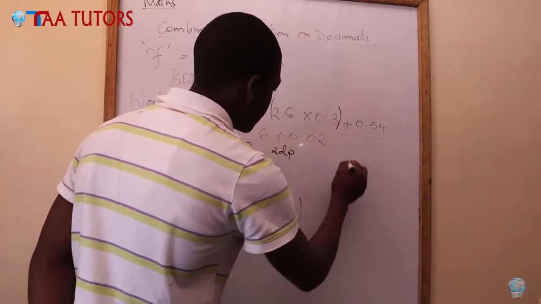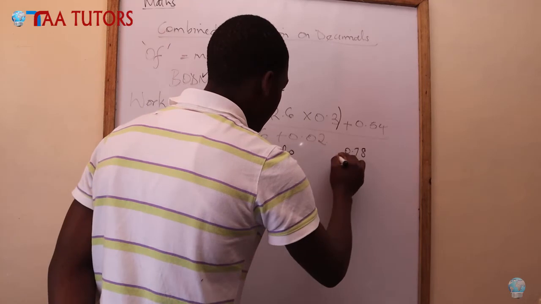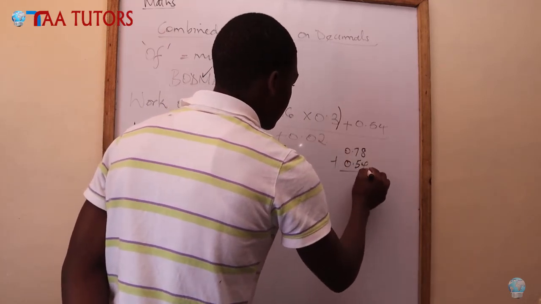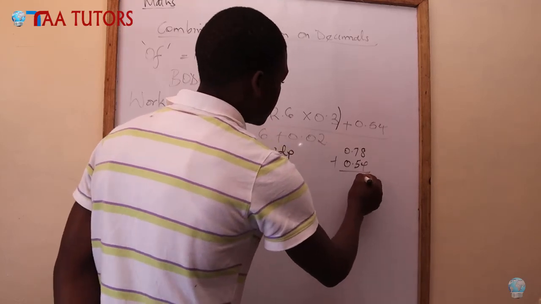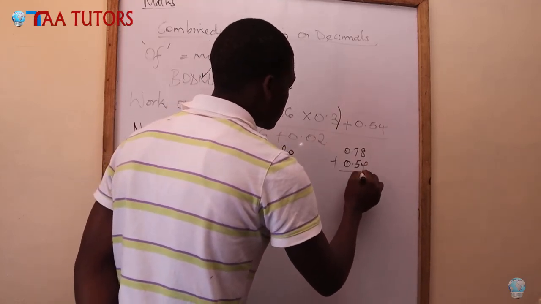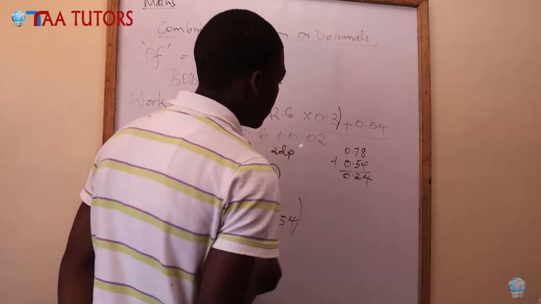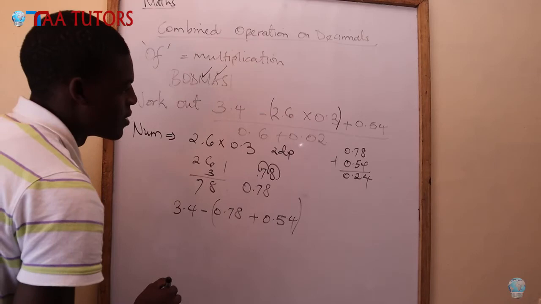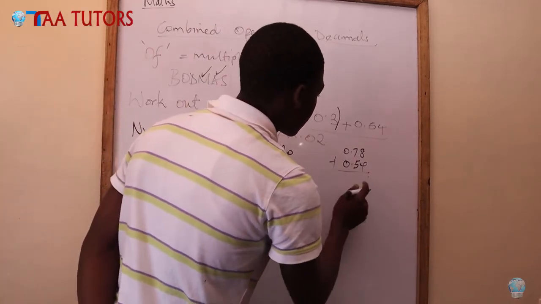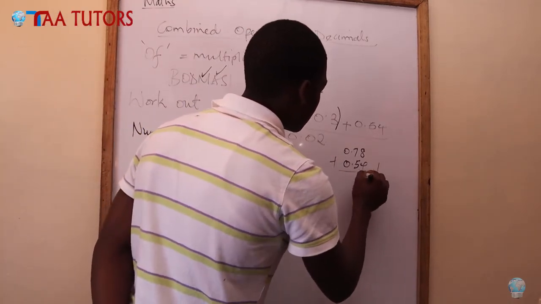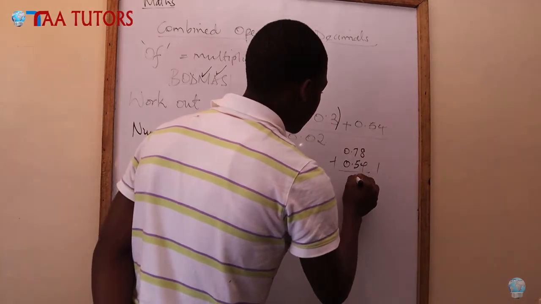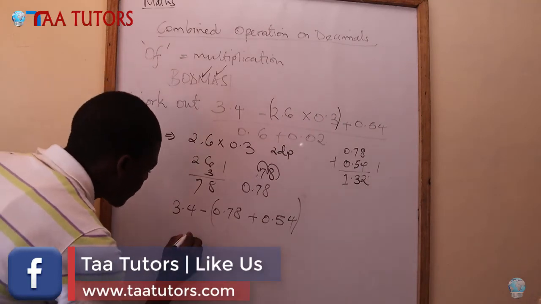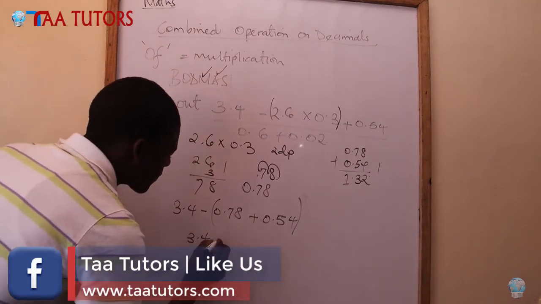So we will have 0.78 plus 0.54. 8 plus 4 is going to give us 2 and carry 1. Sorry, it should be addition, not subtraction. 7 plus 5 is 12, plus 1, 13. We carry 1 to the other side. So we will have 3.4 minus 1.32.